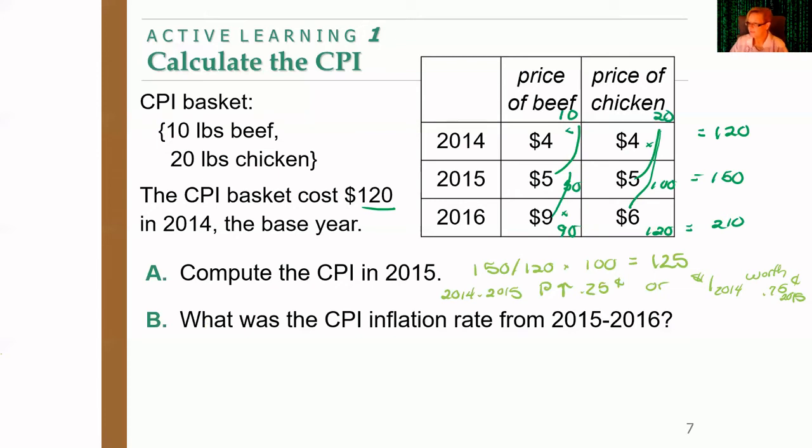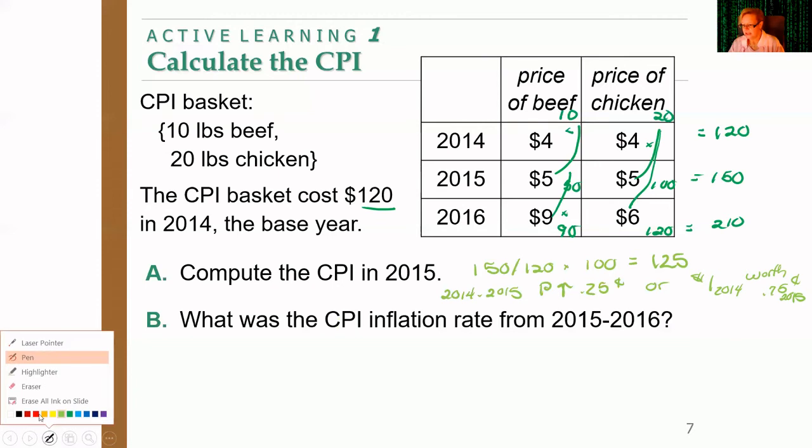What was the inflation rate from 2015 to 2016? Because I already prepared my stuff, I just have to pull out some information. So the first thing I want to do is compute the consumer price index in 2016. So that was 210.